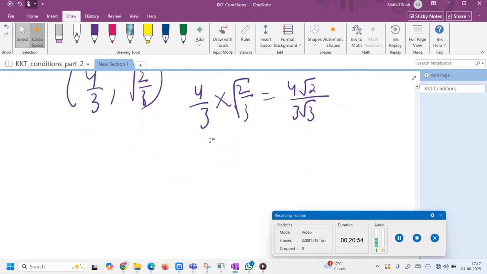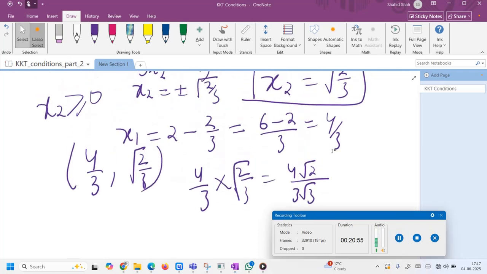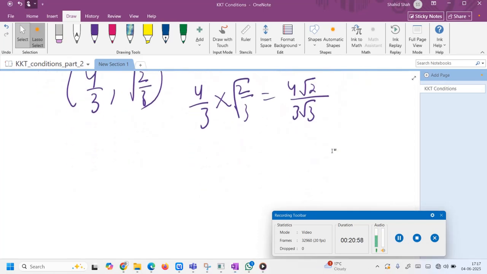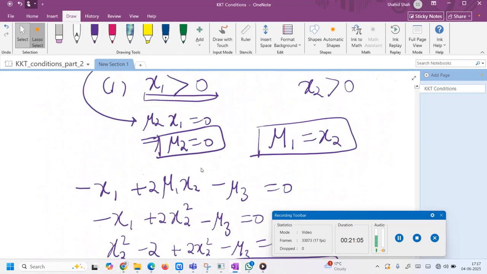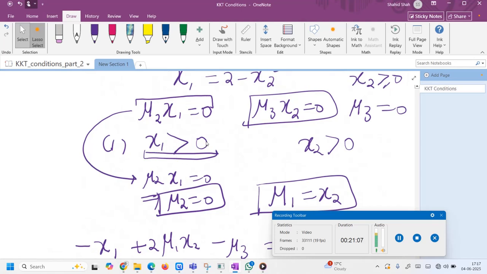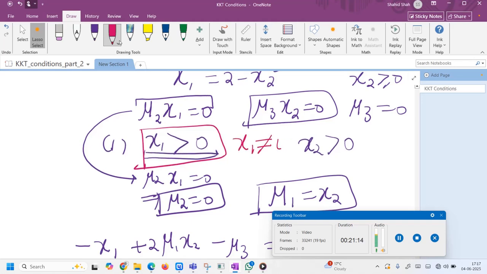Similarly, you can go for one more case, that is x1 equal to 0. It's a little bit tedious, but be careful. What was the case we took here? x1 is strictly greater than 0. So in this case we assumed x1 is not equal to 0.